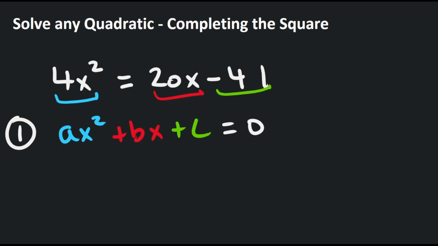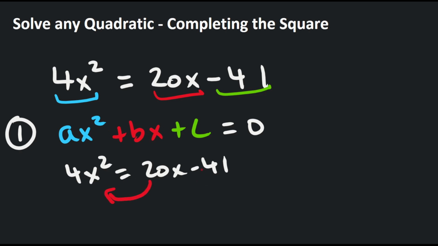So let's rewrite this down here: 4x squared equals 20x minus 41. Let's move the bx to the other side of the equal sign, and we'll do the same thing with the negative 41 as well, one at a time.